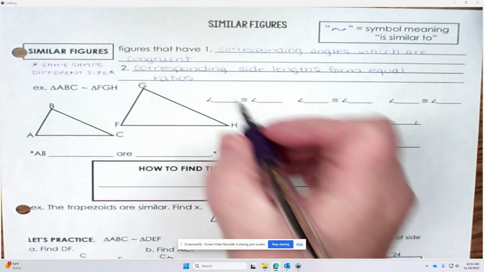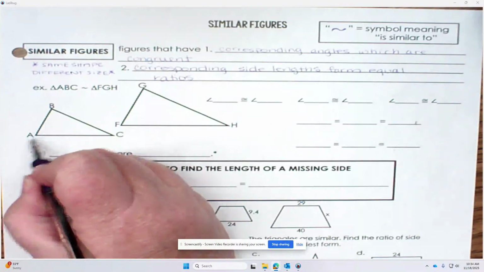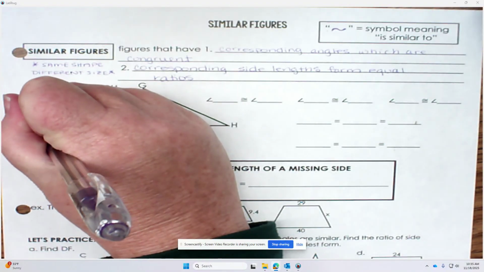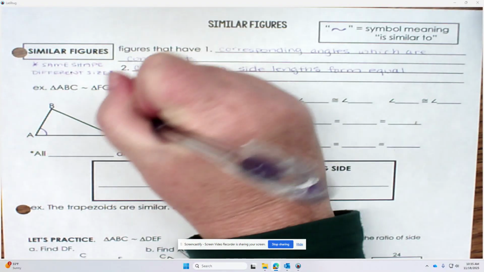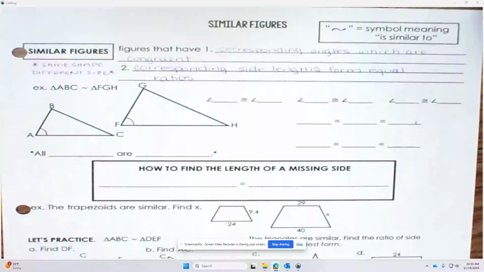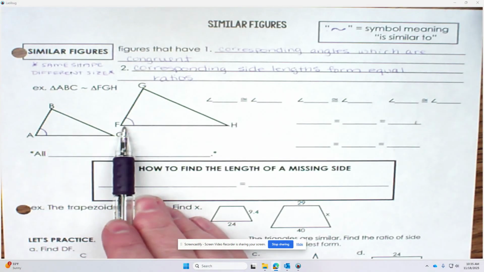So if I come over here, I'm going to talk about angle A. I'm going to say that angle A is congruent to angle F. You'll be able to tell that angle A is congruent to angle F because we've got these matching arcs here.